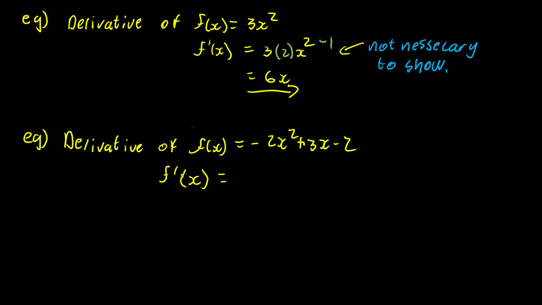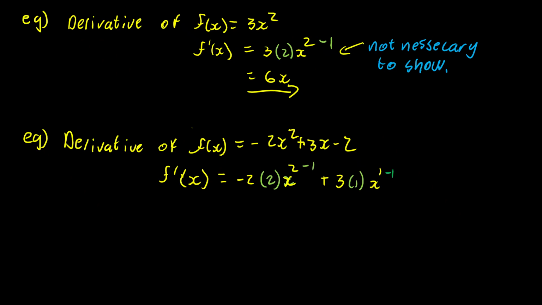So you're going to go to this first term, and you're going to take 2 times the negative 2. I'm just going to include that step one more time here. That 2 multiplies with the negative 2, you have your x to the power of 2, and now you have to subtract the 1. You do the same with the 3x. That's going to be 3, the exponent there was 1, so it becomes 3 times x to the power of 1 minus 1.